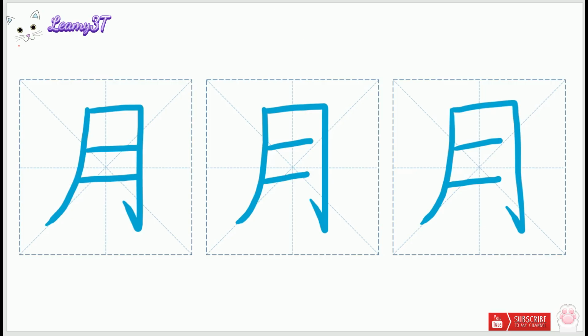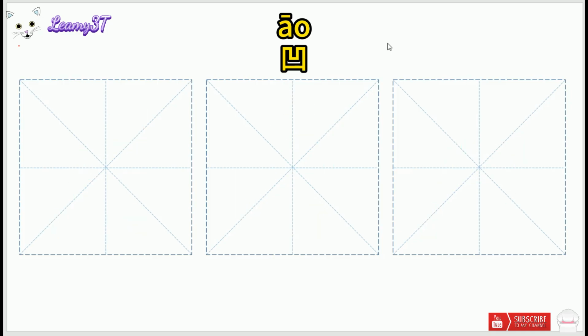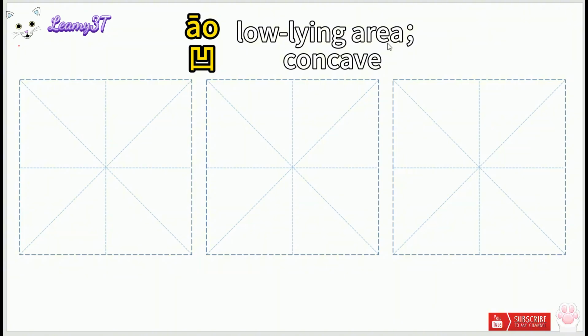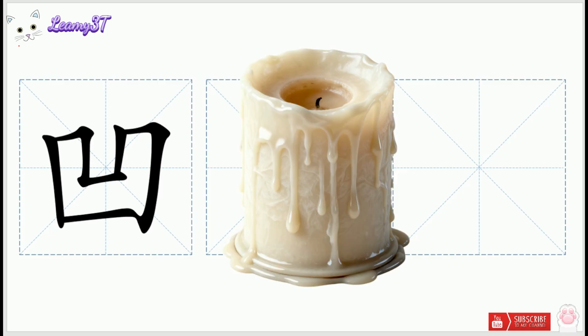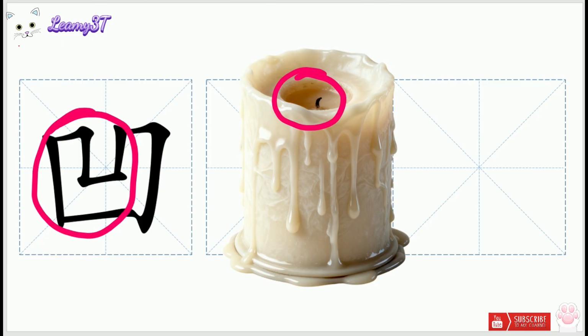The third character is 凹, 凹, meaning a low-lying area or concave. This is a pictographic character. The character's shape itself reflects its meaning. This character resembles the way a candle looks after burning, with the wax in the middle melted and sunken in.